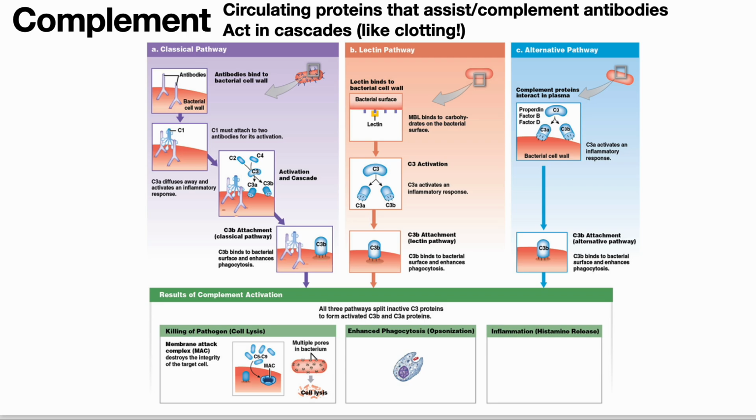All three pathways will lead to the creation and activation of C3b and C3a. The details of each pathway, I'll be honest, not that important. But the end result is because C3b, once activated, will bind to bacterial surfaces and enhance phagocytosis.